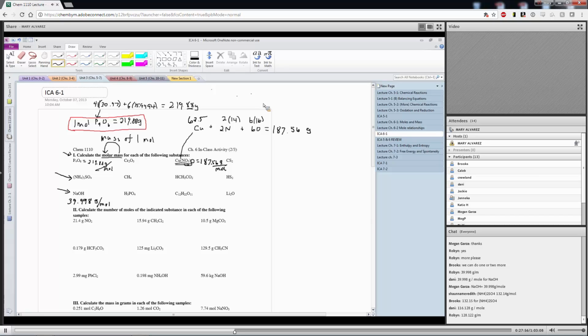Uh-oh, we've got 3 different answers for ammonium sulfate. 2 different, yeah. Shauna, Meredith, and Brooks are agreeing. Let's look at this one.